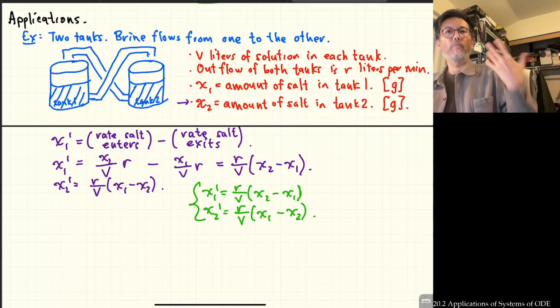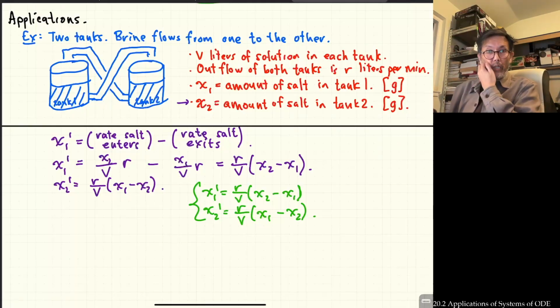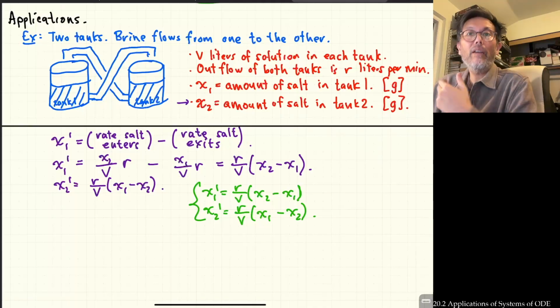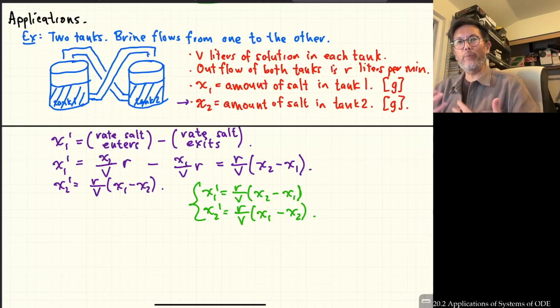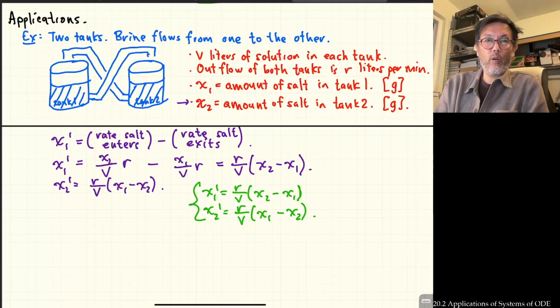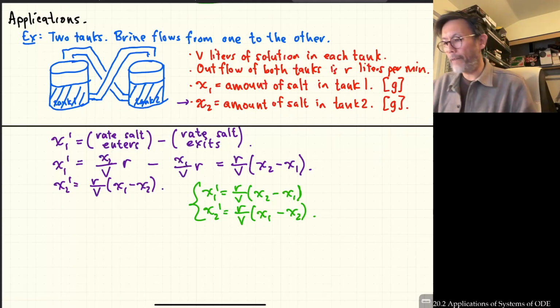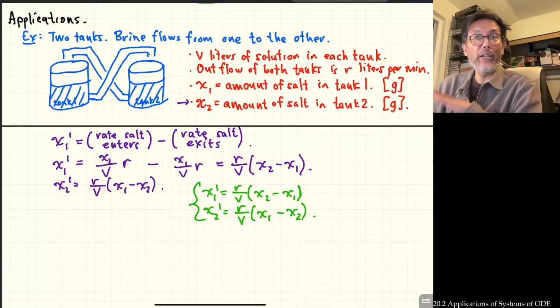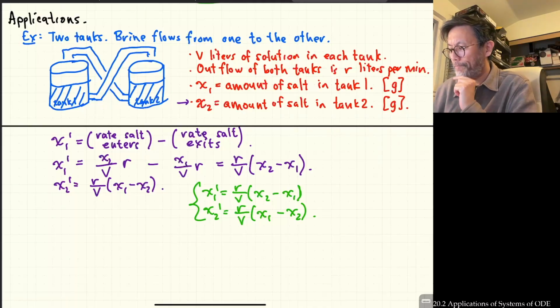And of course, what we're going to learn in the coming days is precisely how to do that. This is sometimes referred to as coupling. x1 and x2 are coupled quantities in this problem. It's going to take some work, and that's the kind of work we're going to be doing.